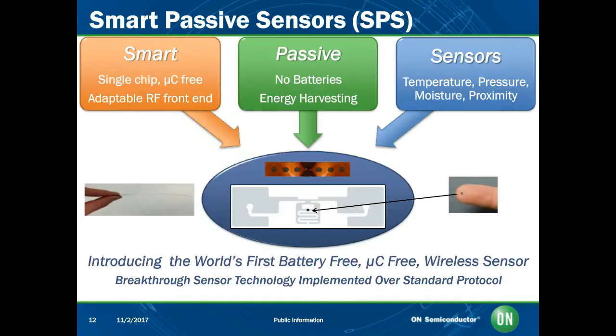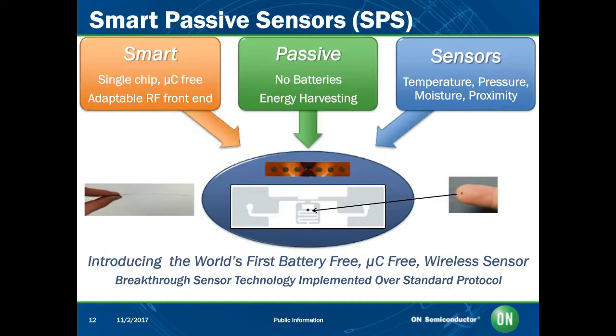the power and control. So that's what we've referred to as these smart passive sensors. So it's a battery-free, microcontroller-free wireless sensor. How it works is it basically has an IC, which the center of this slide shows a typical sensor. There's an IC, single chip, mounted to a wireless antenna.